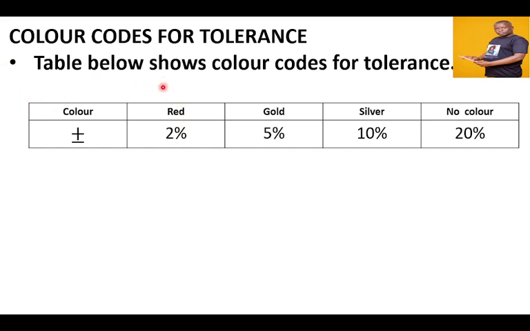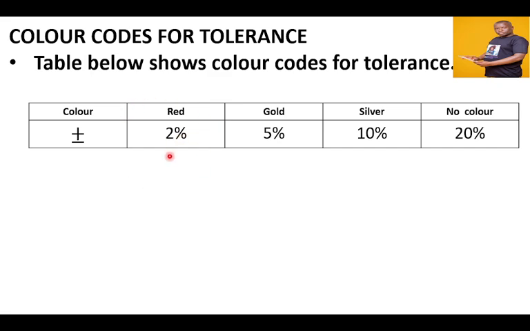If you have a red color at the end of the bands, that means the tolerance which you have to add to your resistance is 2%. If the color at the end of your resistor to the right is gold, then the tolerance value is going to be 5%, plus or minus, don't forget.